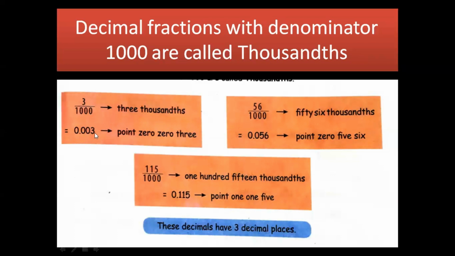So put the decimal point after 3 decimal places. 56 by 1000 is 0.056. Put the decimal point after 3 decimal places.